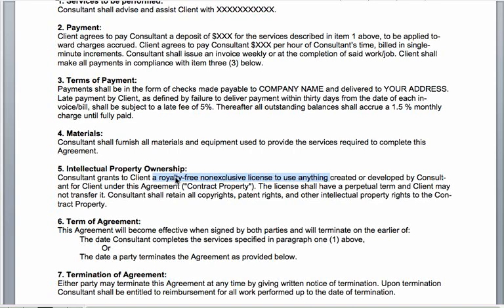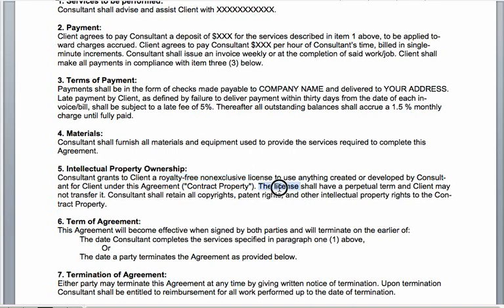What that means is they don't have to pay you royalties when they use it. And as far as non-exclusive, what that means is that you're giving them license to use the materials that you create for them, but that license is not exclusive to them. You could also be granting that license to other clients. So that's what that means there. That's very important wording if you choose to use that approach.